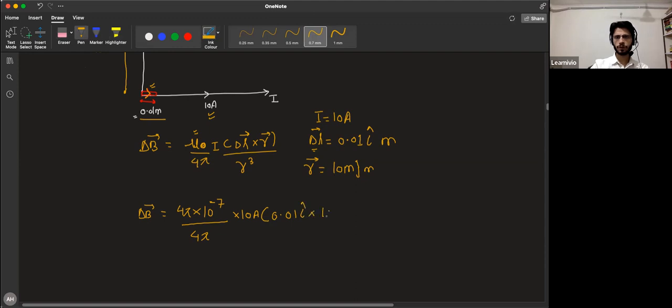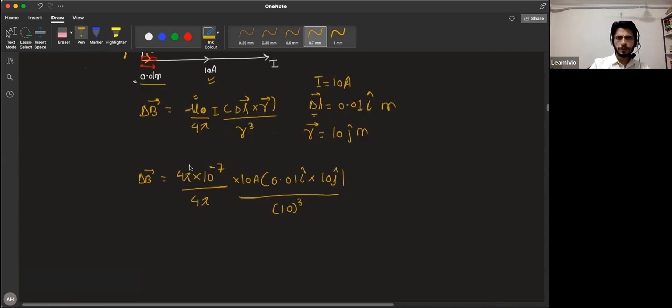I cap cross R, which is 10 j cap, divided by R cube, meaning the cube of the magnitude of R, which is just 10. So it's 10 j cap, 10 j cap meter. Now see, this 4 pi will cancel this 4 pi.